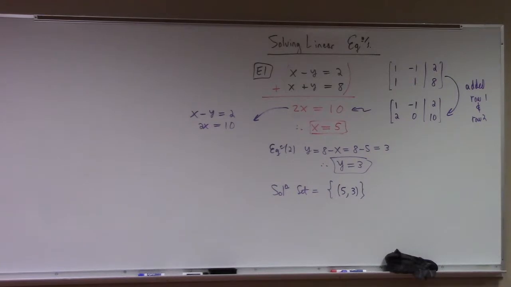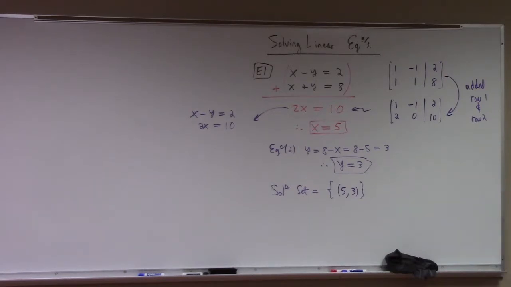This is the insight of Gaussian elimination. If you want to think about it, my initial augmented coefficient matrix was 2, minus 1, 1, 2, 1, 1, 1, 0. And what I did was multiply row... what did I mess with here?